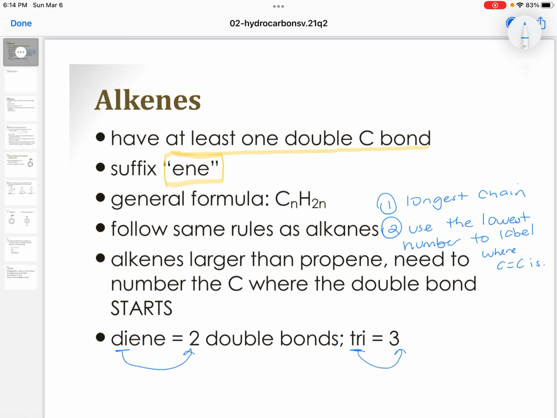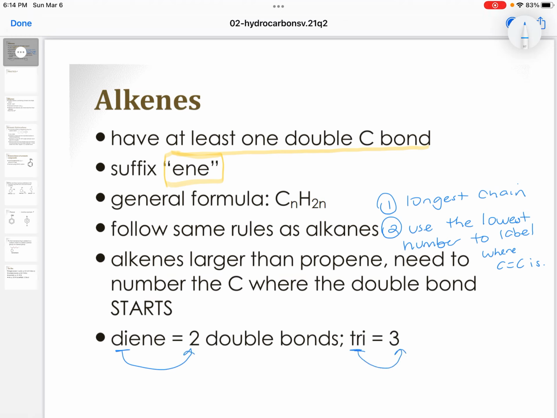All right, so let's do some practice. So we'll do the same thing. We'll name and we'll draw. And so all of the things that we did with alkanes, you can do with alkenes, and in a second when we do triple bonds, with alkynes as well.